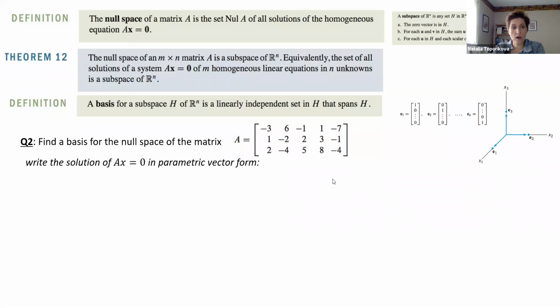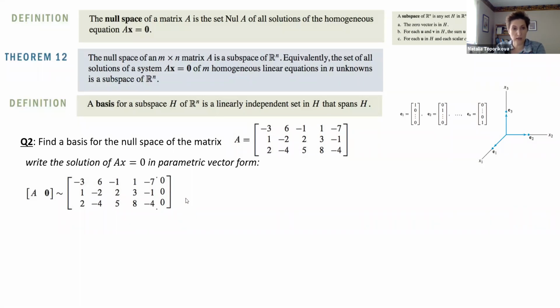But let's not rush and go slowly through the solution. Okay, so we are looking for the null space, and the null space is given by the solution of the homogeneous equation. So we need to write down our augmented matrix for our homogeneous equation, which is just our matrix A with a column of zeros added at the end. And if we find the solution, we can write it down as a linear combination of as many vectors as we have free variables.